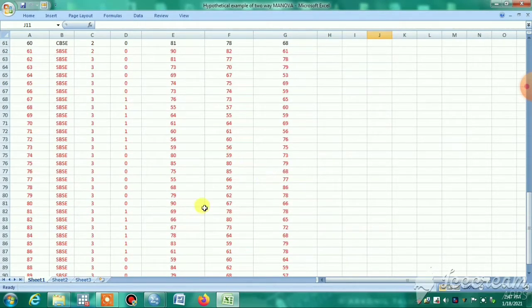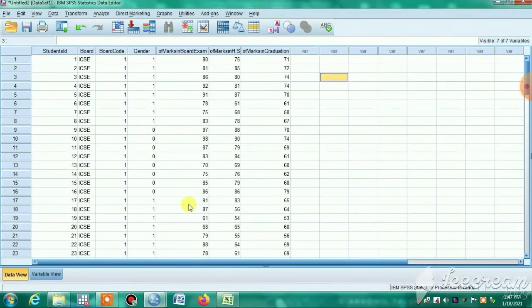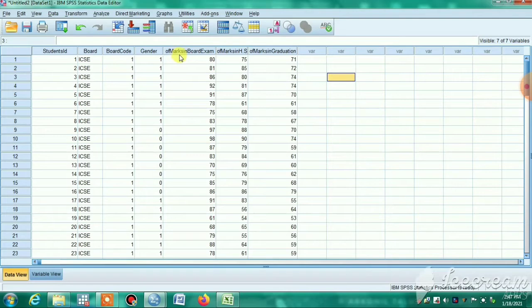Now we have to enter this data into the SPSS software. After entering the data, it looks like this. The data view is like this: student's ID, just as shown in the Excel file, board code, gender, percentage of marks in board exam, percentage of marks in HS, and percentage of marks in graduation.